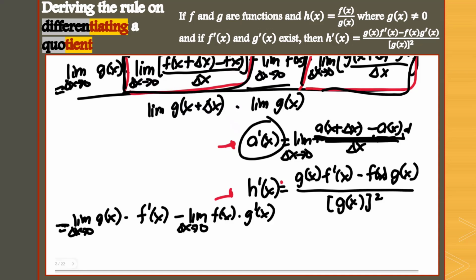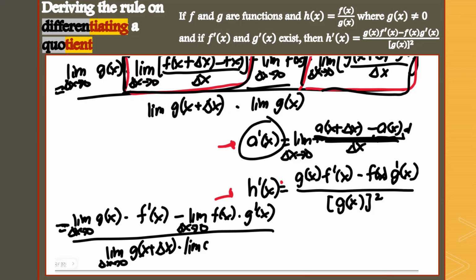Take note, we are close. This is the derivative, right? Sorry, I forgot the notation was removed once we copied it earlier. All over the limit of g of x plus delta x as delta x approaches 0 times the limit of g of x. I don't have much space here.